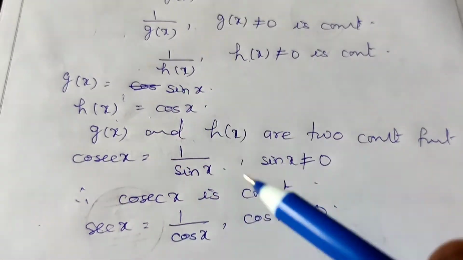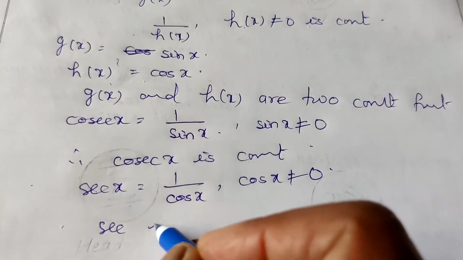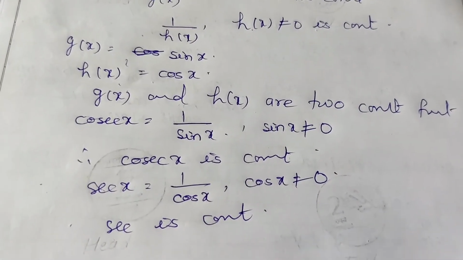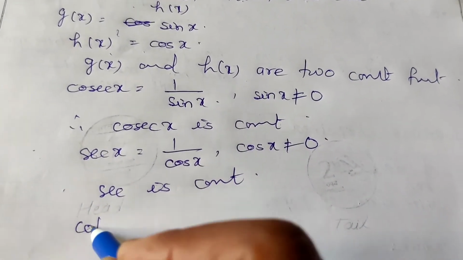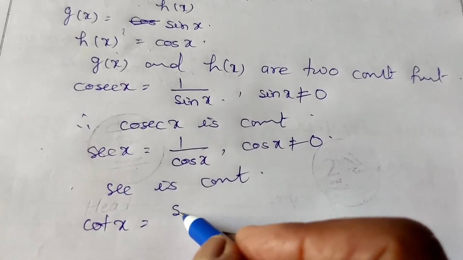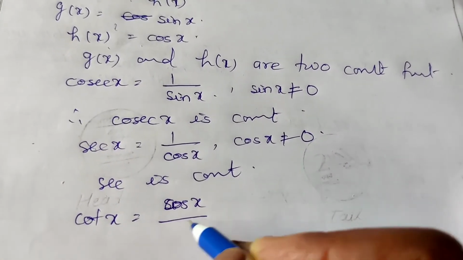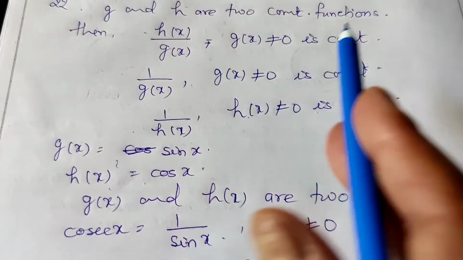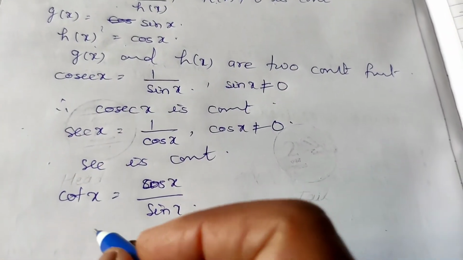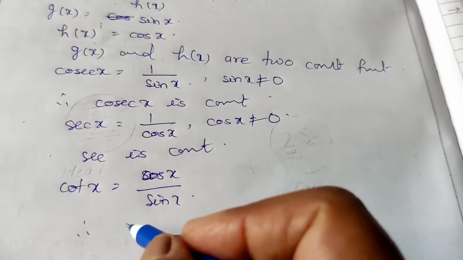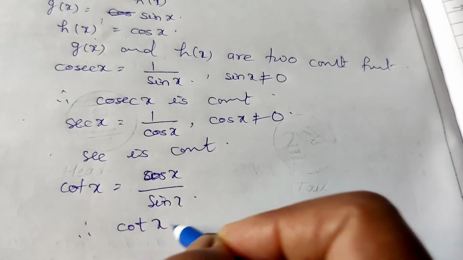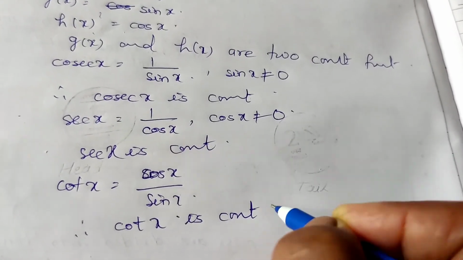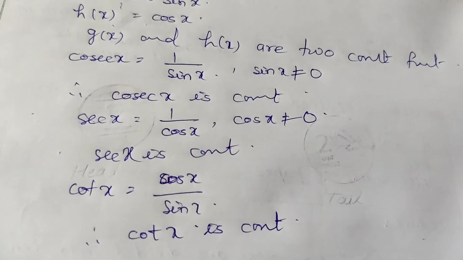By this rule, sec x is also continuous. And the same with cot x. Cot x equals cos x upon sin x. By the rule that h(x) upon g(x) is continuous, cot x is continuous.